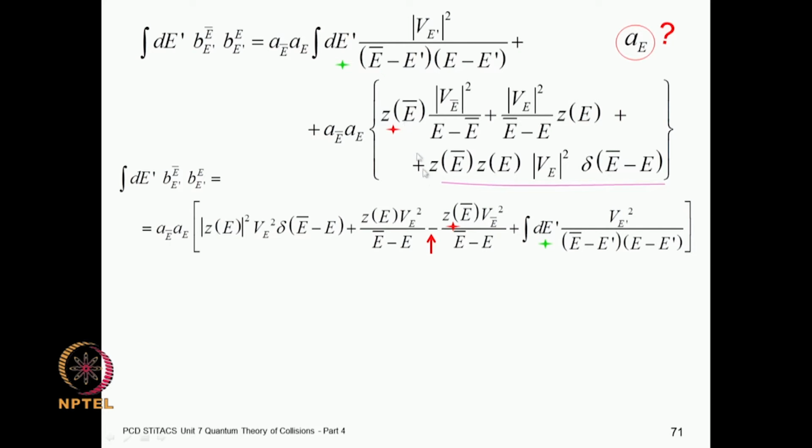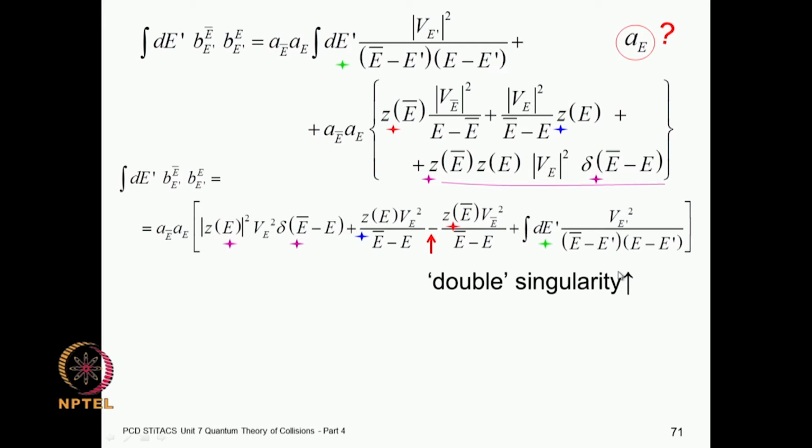Then I have this term coming over here with the difference that here I had E minus E bar, but now I have E bar minus E. So, I have plugged in a minus sign to compensate for that. Okay. And then I have this term which comes here as it is, and then I have this term with the Dirac delta E bar minus E coming here, which is a quadratic term in Z and V. Okay, good. So, now we have a double singularity here.